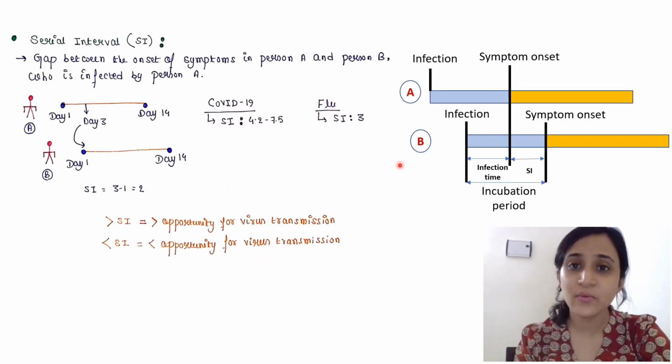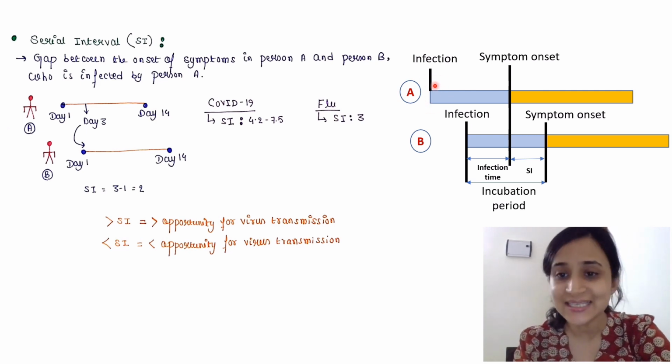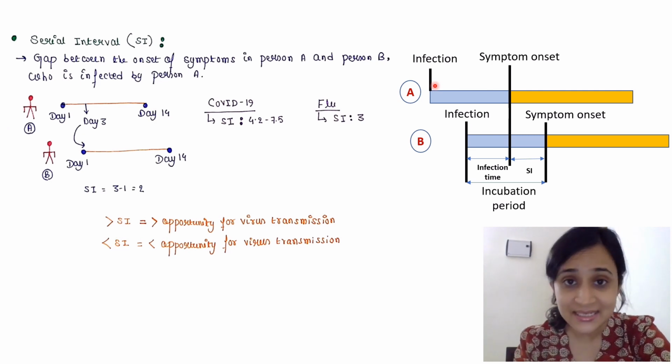The next thing you need to know is serial interval or SI. SI is the gap between the onset of symptoms in person A and person B, who is infected by person A. Let's explain it here. Suppose this is person A. At this point, he is infected by the virus, but he doesn't know that because he doesn't have any symptoms at that time.